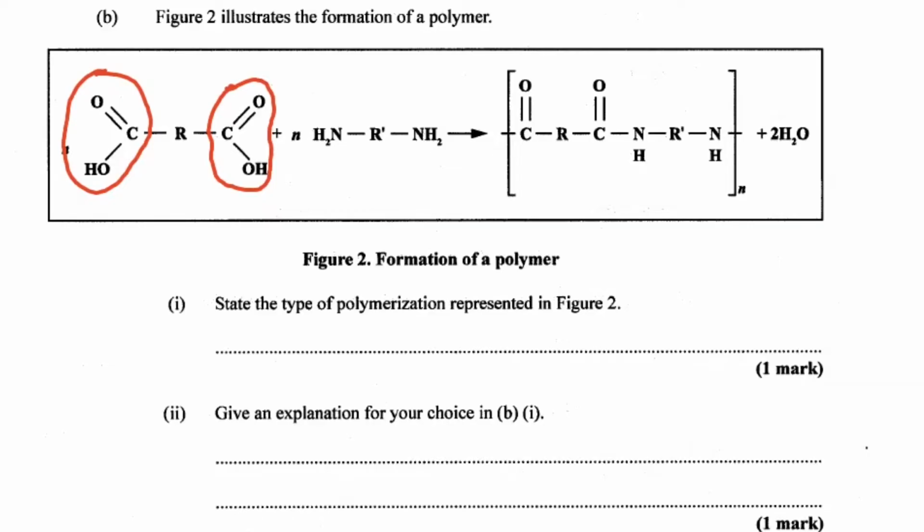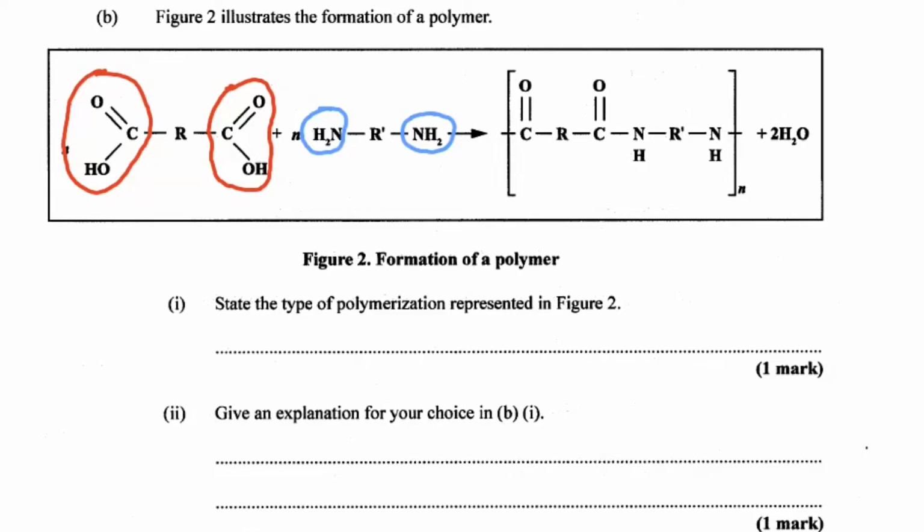We have two NH2 groups, which is the amine group on either side. Whenever we have a diacid and a diamine reacting, we're going to get a condensation polymerization. We're going to actually get a polyamide, but we don't want to over answer part 1.